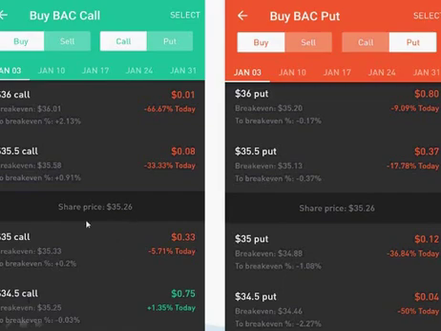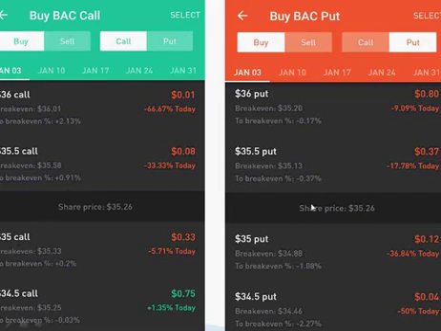You see the current price is $35.26, but since I have one contract that says I can buy it at $34.50, I'll be able to exercise it and buy it at $34.50. So these are the exercise prices that you're looking at. If you own this contract for a $35 strike price, you'll be able to exercise it and own the stock, no matter if the price goes to 37, 38, $40 for Bank of America stock, you still have the right to exercise it at $35.